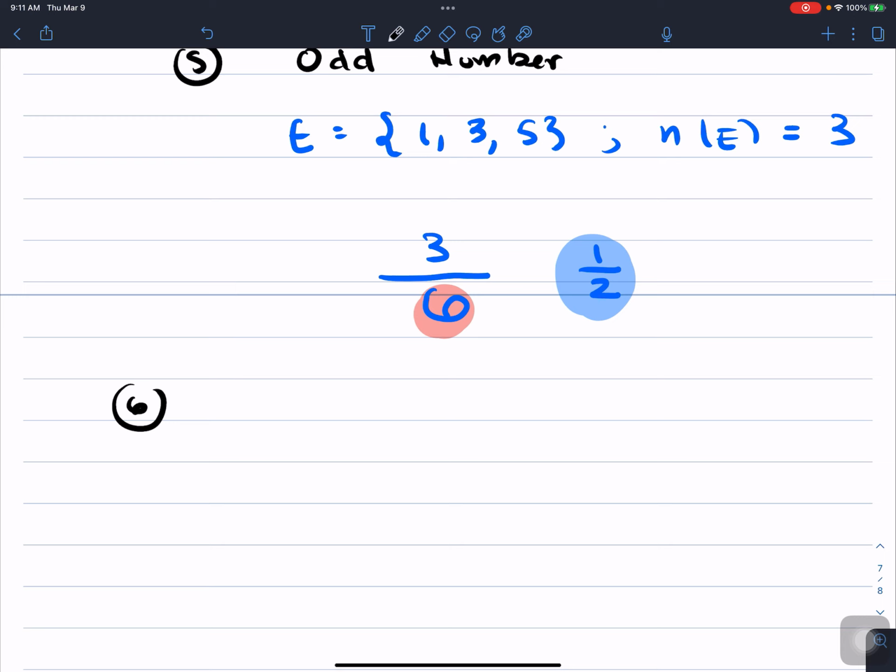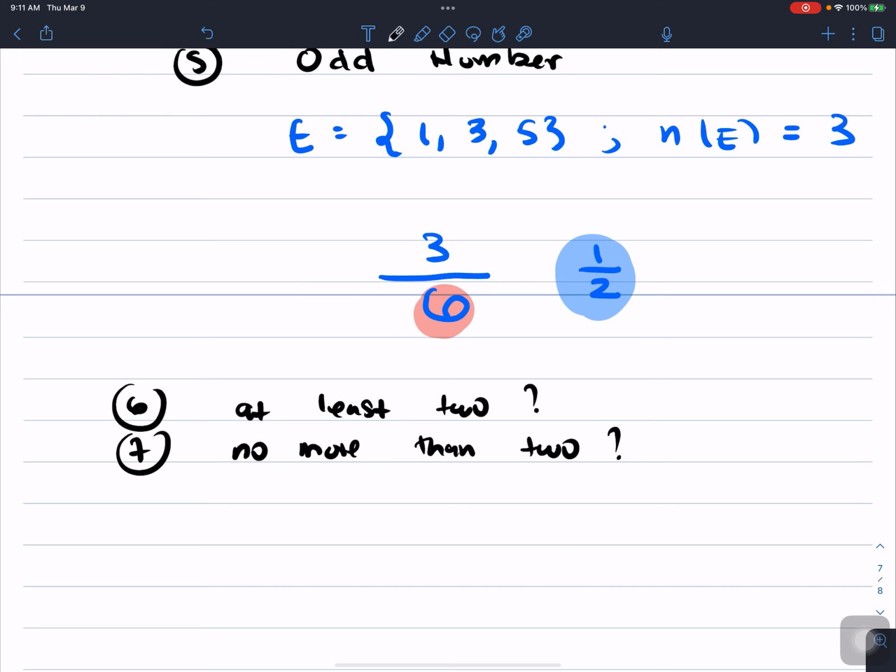Okay. I digress. Let's have you guys try something. You're going to roll a number at least a what? 2. You're going to roll a number no more than 2.